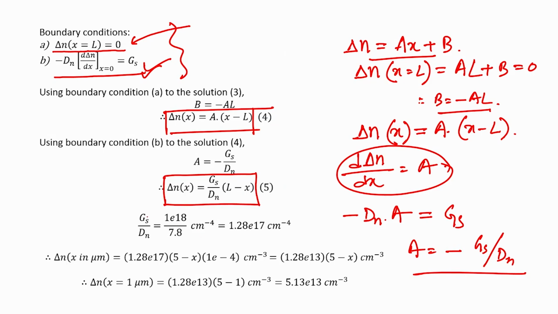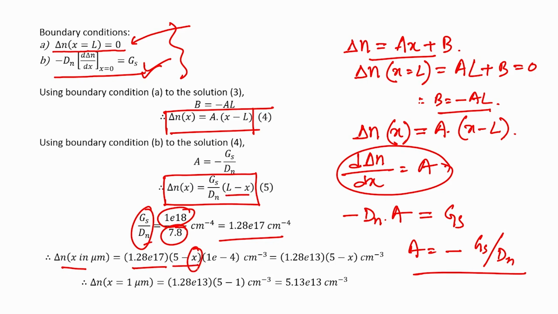So now you have to just simply calculate the numbers. Gs we have calculated in the previous part, that is 1E18, and Dn we have calculated previously as 7.8. So Gs by Dn is coming with this number. Therefore del n is given as this Gs by Dn into (L minus x). L is here 5 micrometer, so 5 minus x.